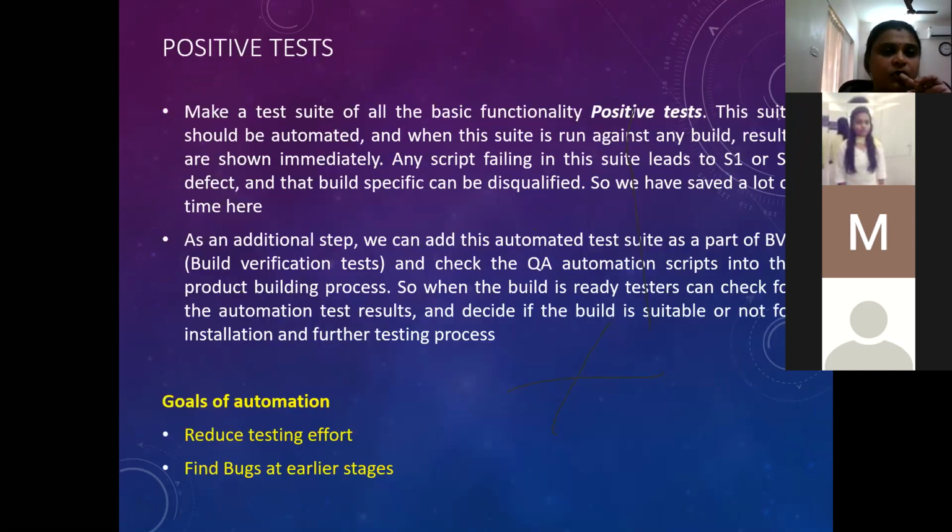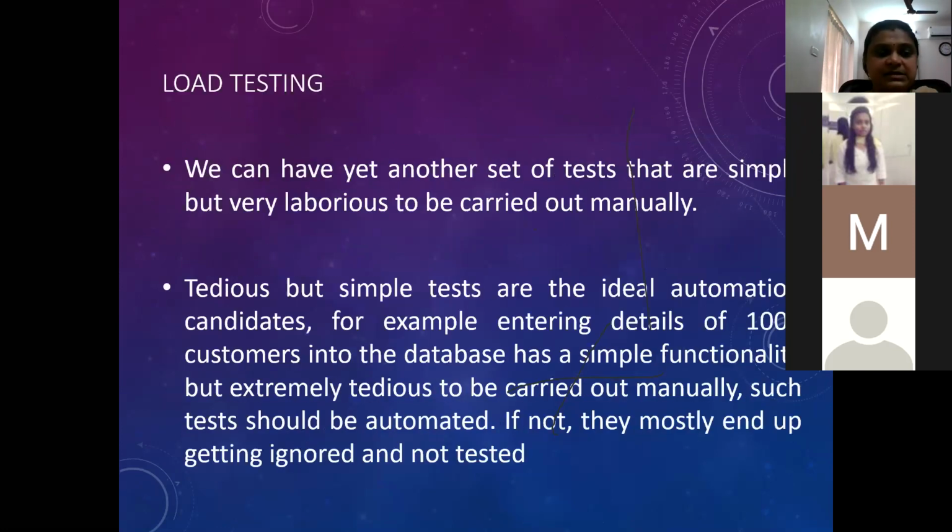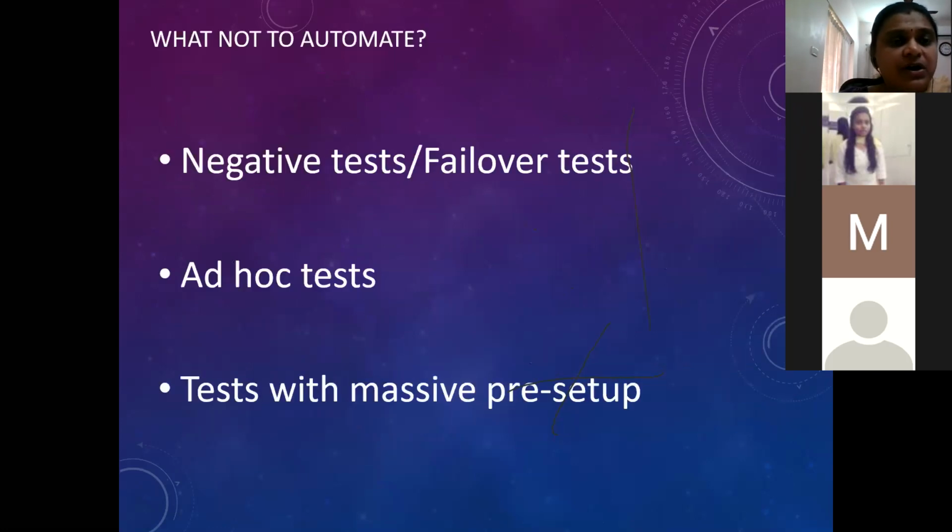Now we will move on to things that should not be automated. These things for sure should not be automated. We are talking about negative tests or failover tests. See, all these things should never be automated because negative testing will require some manual intervention.